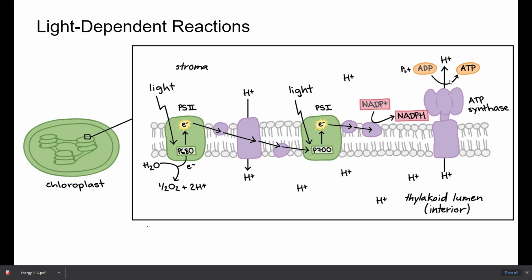Don't forget that this ATP is being generated by ATP synthase, and it's NADPH that is going to move on to the Calvin cycle.